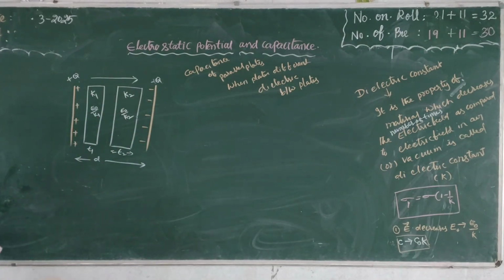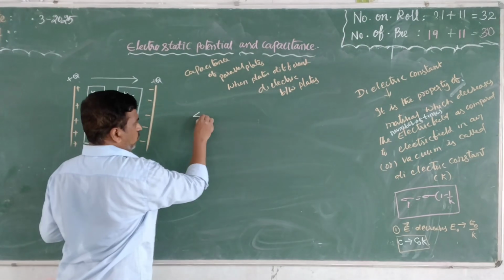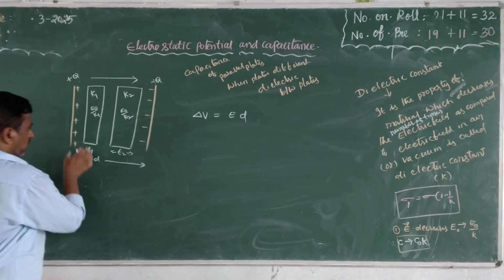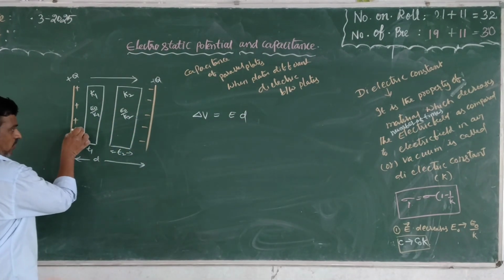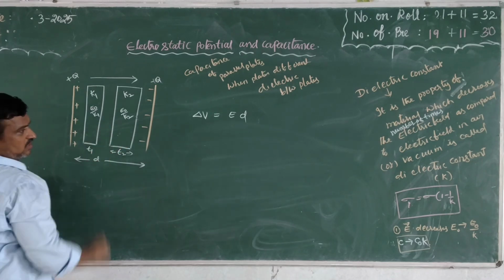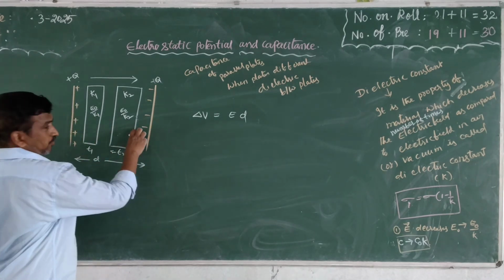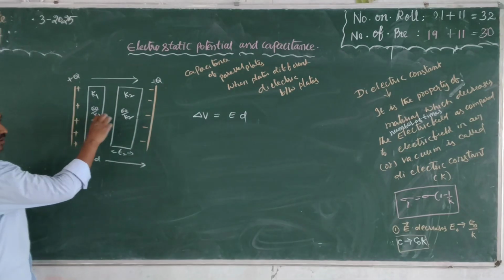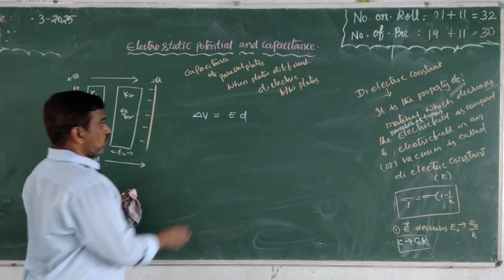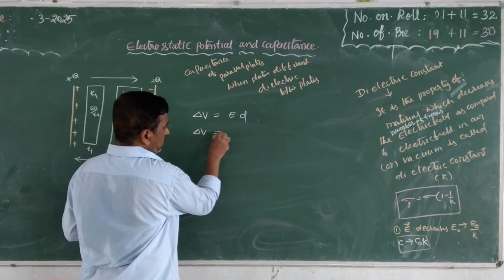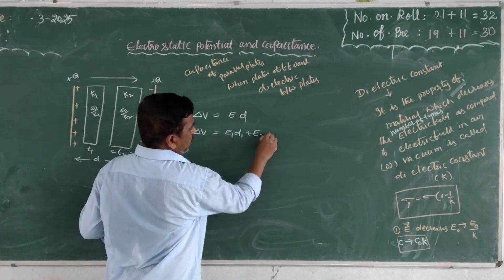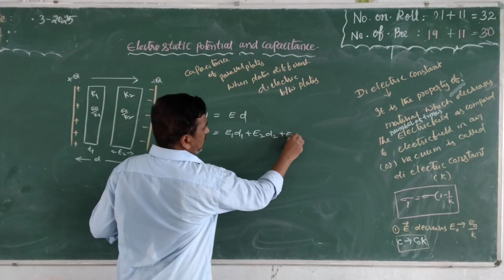For that, we can write the change in potential. What is the change in potential? It is E into D. Here actually E1 D1, E2 D2, E3 D3. There are three regions here: one is empty space or vacuum, another has dielectric constant K1, and another has dielectric constant K2. So delta V equal to E1 D1 plus E2 D2 plus E3 D3.